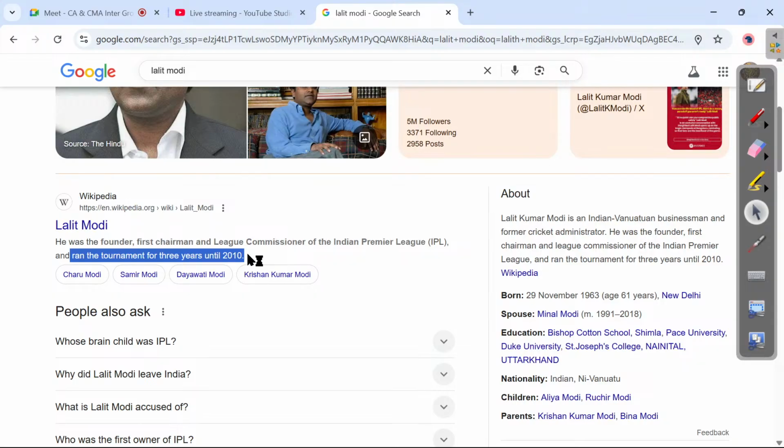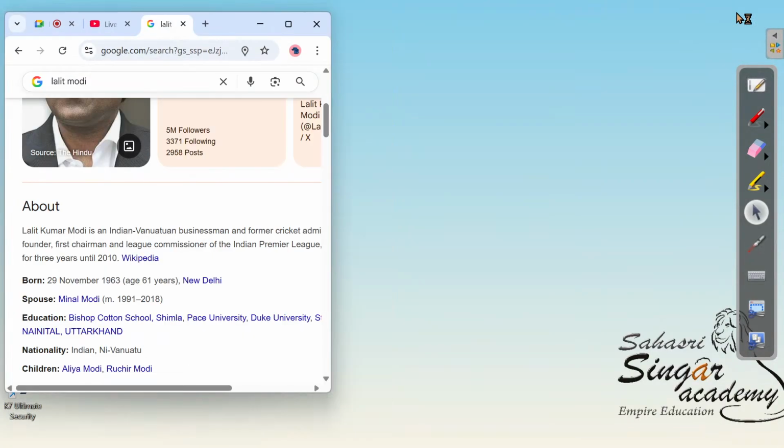You have heard about crores and crores. Some crores were taken by him and he went off, right? So that's how he absconded from India. Still, he lives in England, I think. You can go and search his history later.